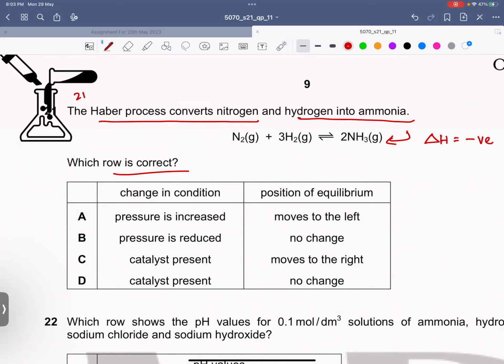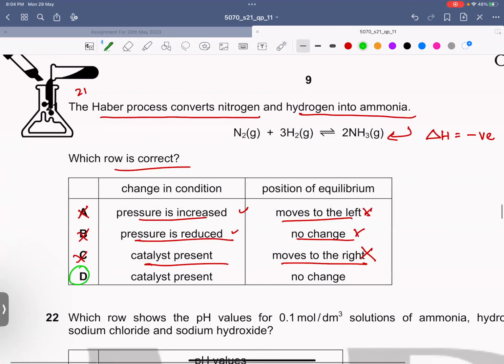If we increase the pressure, equilibrium shifts to the right, because on the right side there are fewer moles of gas, and increasing pressure favors the shift toward the side with fewer moles of gas. So here they said pressure is increased, move to the left, that goes wrong. Pressure is reduced, no change, that is again wrong. Catalyst present, moves to the right, but a catalyst does not affect the position. So your D option is correct.